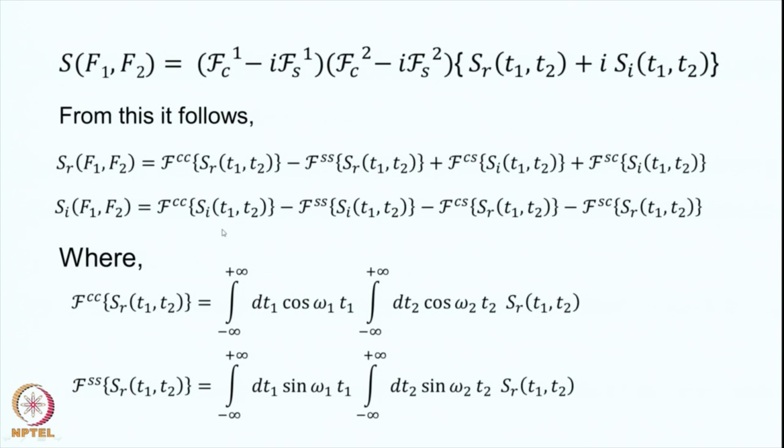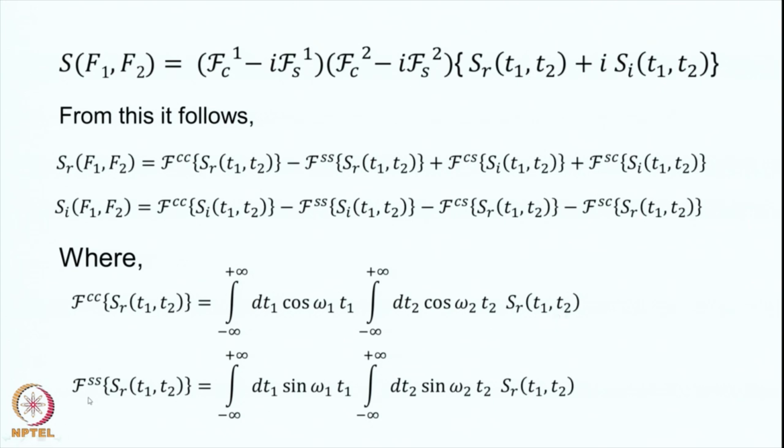Okay. Now, let us write these terms explicitly. FCC SR(t1, t2) is this integral from minus infinity to infinity. So, you have the cosine Fourier transform, therefore, this is dt1 cosine omega1 t1, and along the second dimension also it is a cosine Fourier transform, therefore, you have integral from minus infinity to infinity dt2 cosine omega2 t2 and this your time domain function SR(t1, t2).